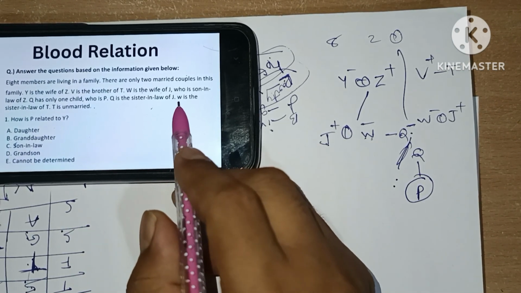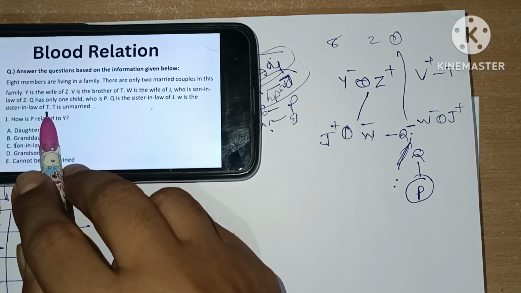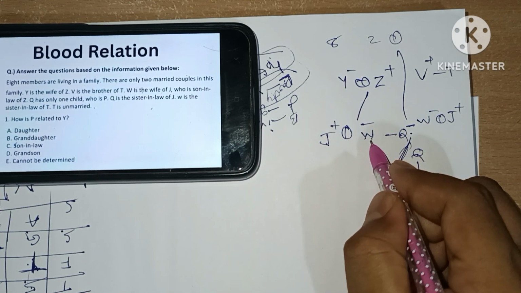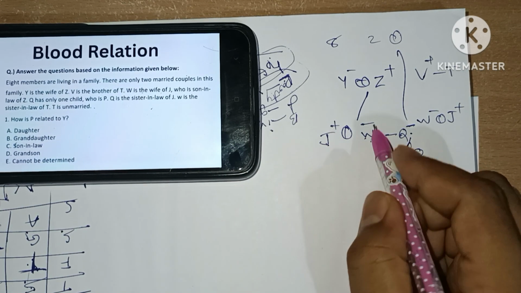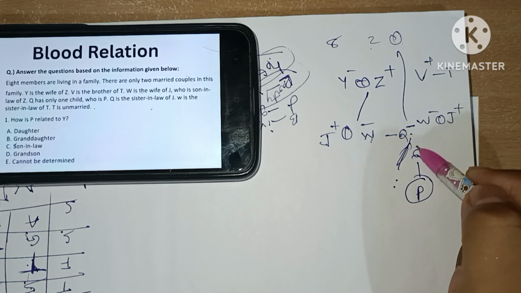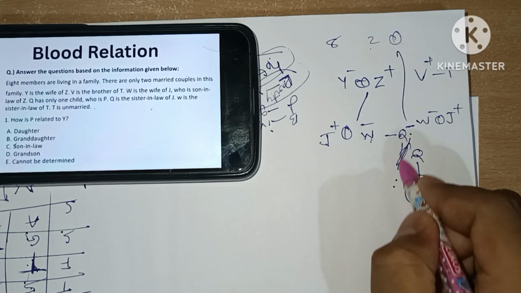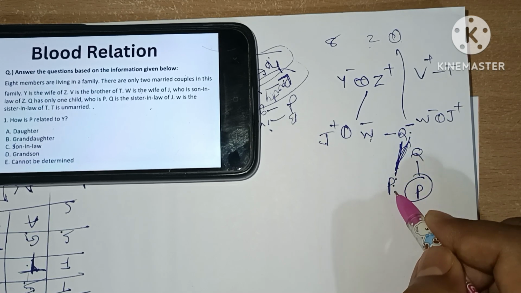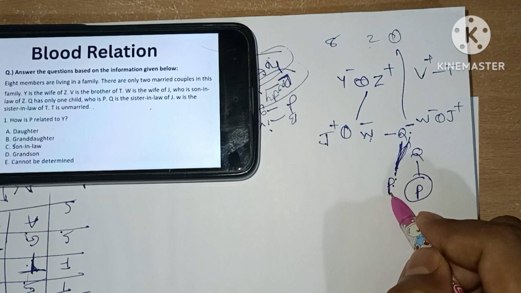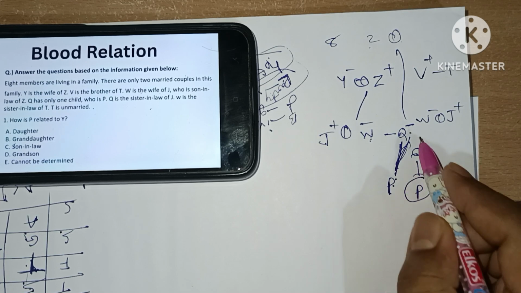Let's see further. W is the sister-in-law of T. W is the sister-in-law of T means we have only 2 married couples. This is Q and his child is P. Okay.